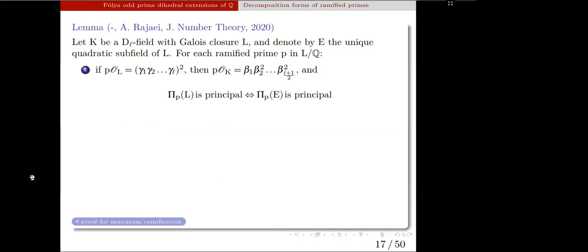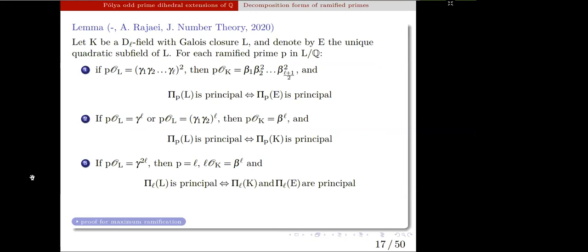And I start this section with this fundamental lemma. This lemma describes the decomposition form of p in L, K, and E as well. Moreover, this lemma relates the principality of the Ostrowski ideals in L to the corresponding Ostrowski ideals in its subfields.